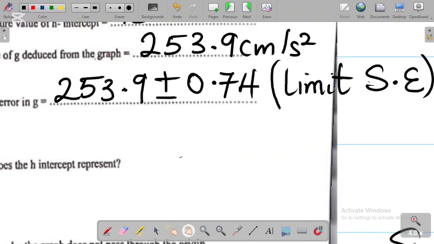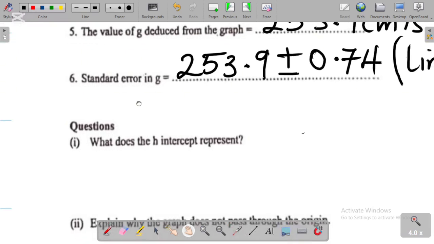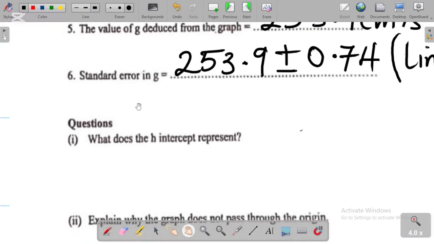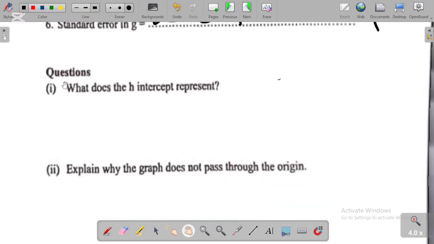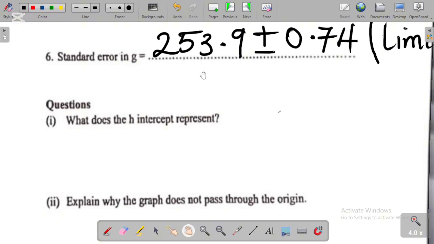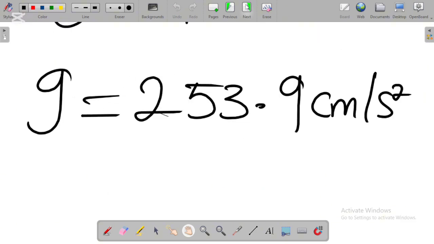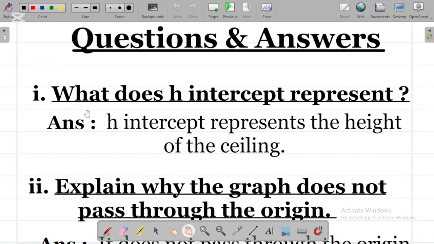All right, so we've gotten the value of the standard error. So at this point, we are going to answer the questions here. The first question says, what does h-intercept represent? This is the answer.